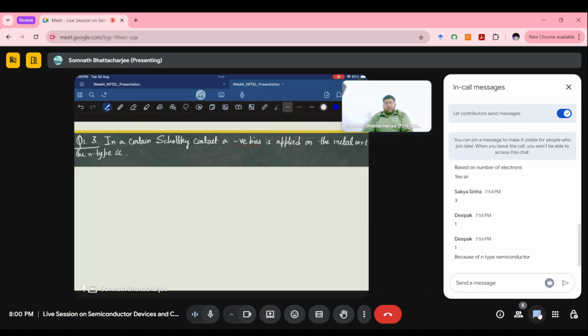So we are applying a negative voltage to the metal portion with respect to the semiconductor, and based on this, what would happen compared to the equilibrium state?